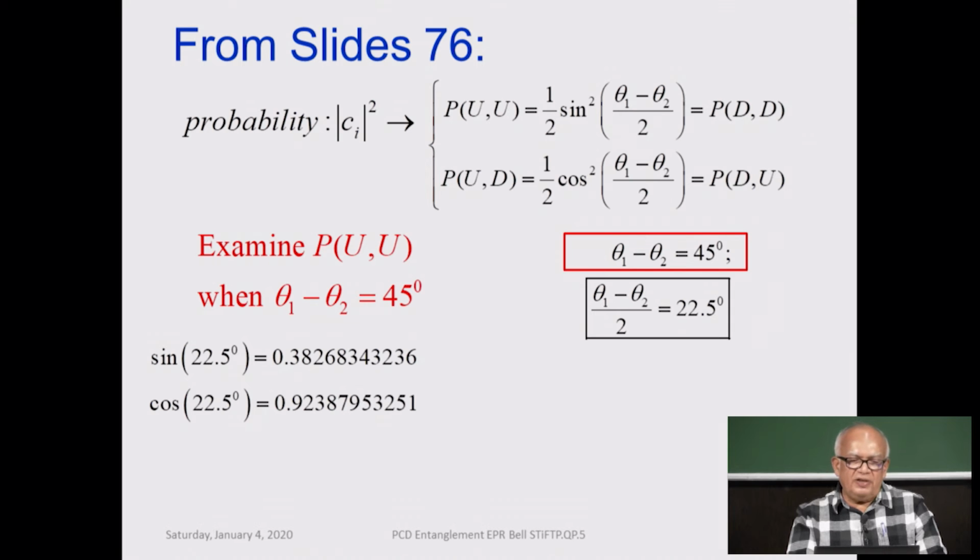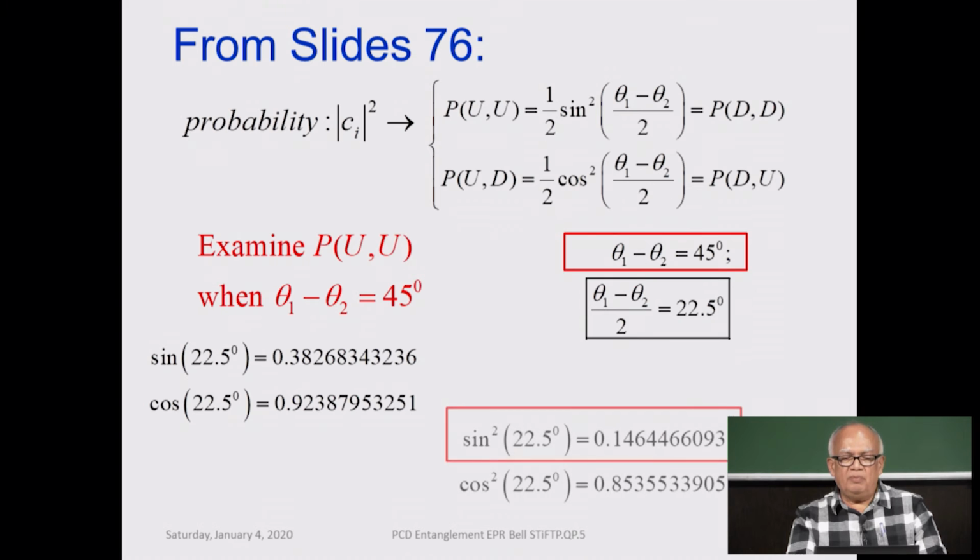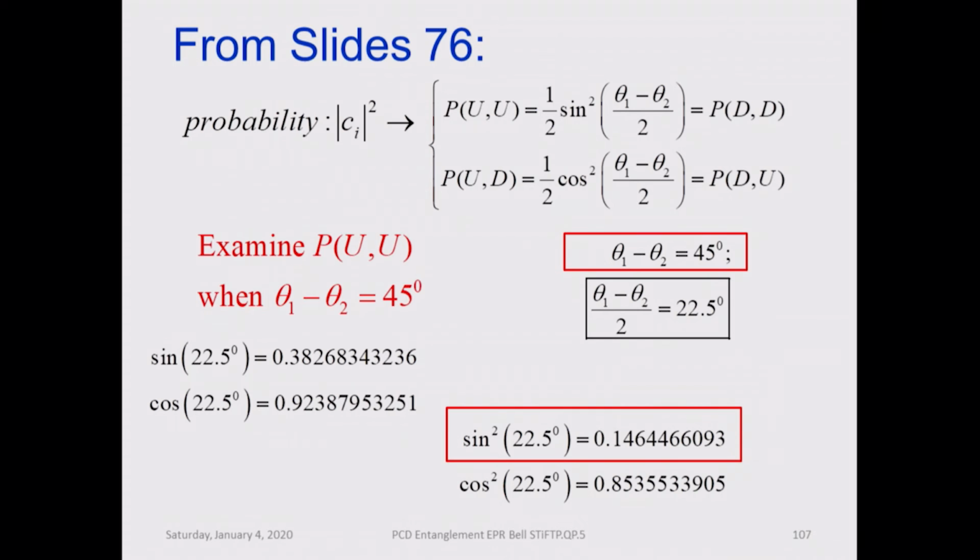The sine of 22.5 is 0.38, the cosine of 22.5 is 0.92, you can get it from your calculators, right, and you can put these numbers, get the sine square, get the cosine square, got it, right.